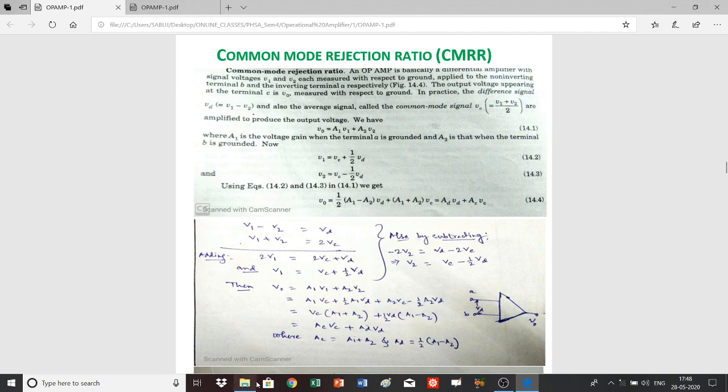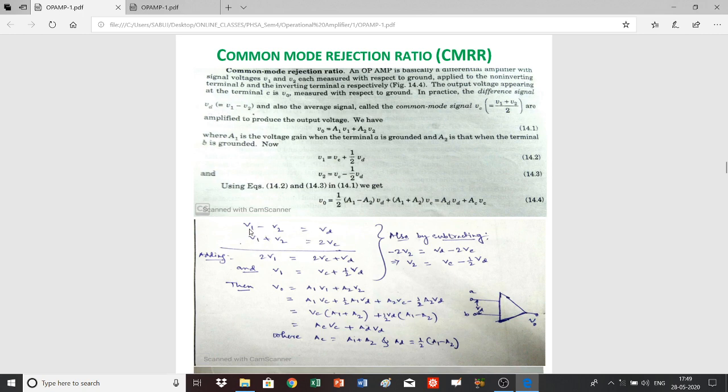So whenever you measure the output voltage V0, it depends upon two types of voltages. Number one is the difference voltage, which is nothing but the difference of these two voltages. V1 is applied to the non-inverting input terminal and V2 is applied to the inverting input terminal, so the difference voltage is Vd equal to V1 minus V2.